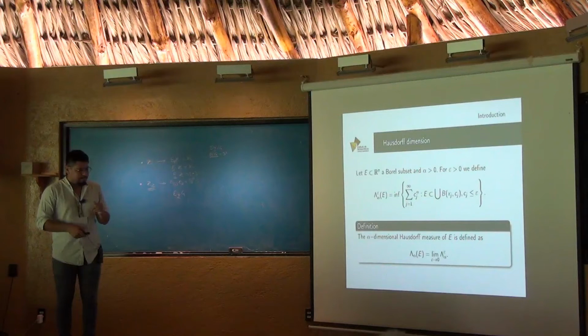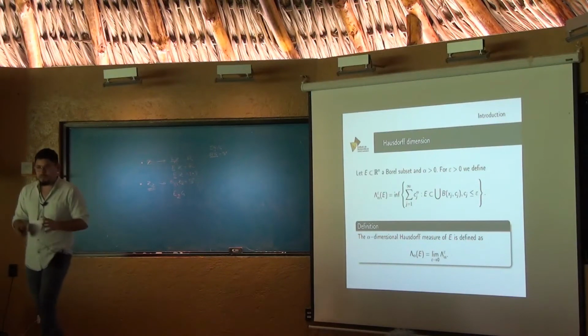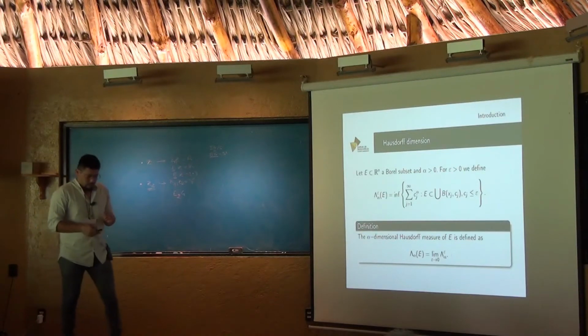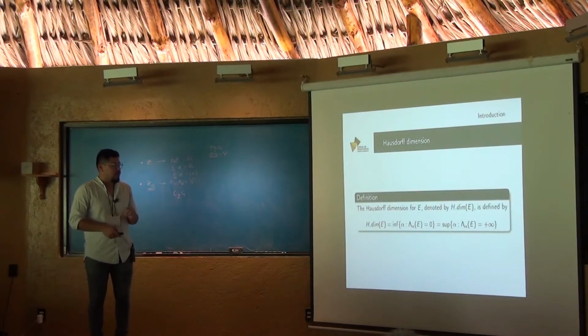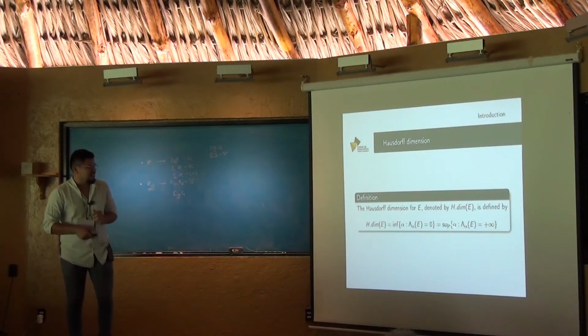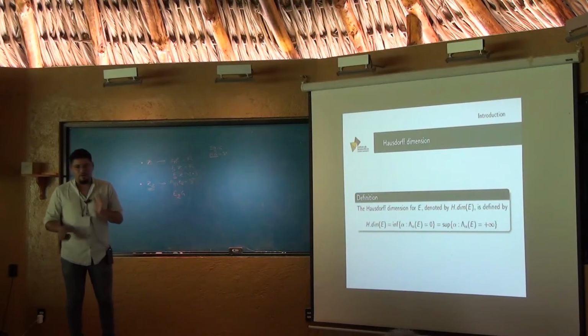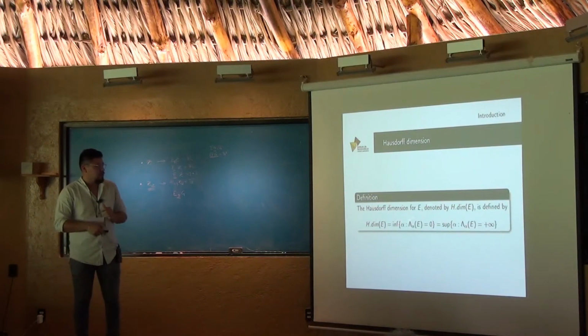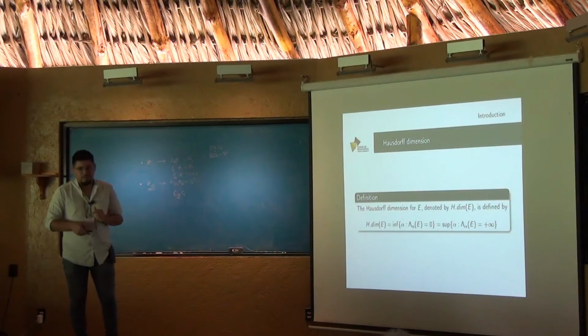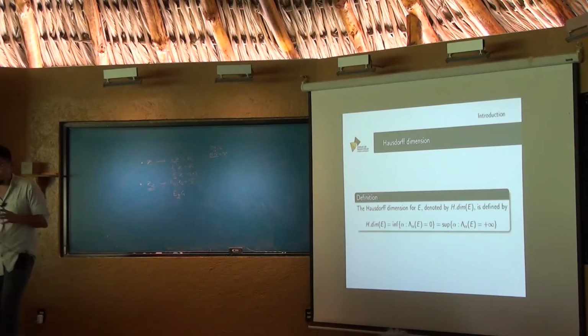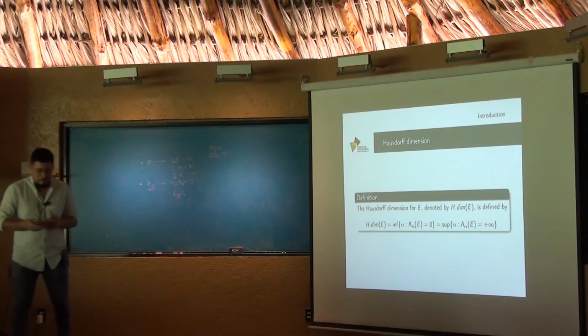This measure could be infinite, but there is a number such that for every lower number the alpha Hausdorff measure is infinite, and for greater numbers it is 0, and this number is called the Hausdorff dimension of the subset.